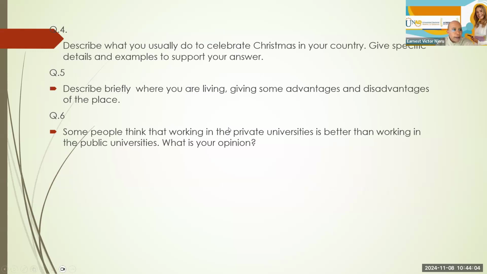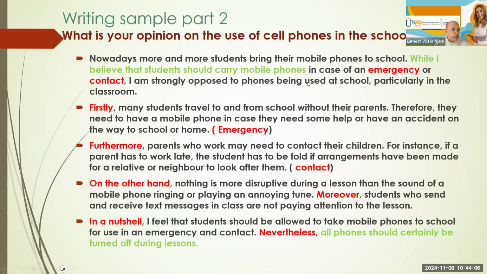Good. Here, we are going to find an example. I wrote a short essay based on what is your opinion about the use of the cell phone in schools. Please, you are going to find that I've written some words in red to show some of the key words, the connectors and linking words that we need to use and so on.